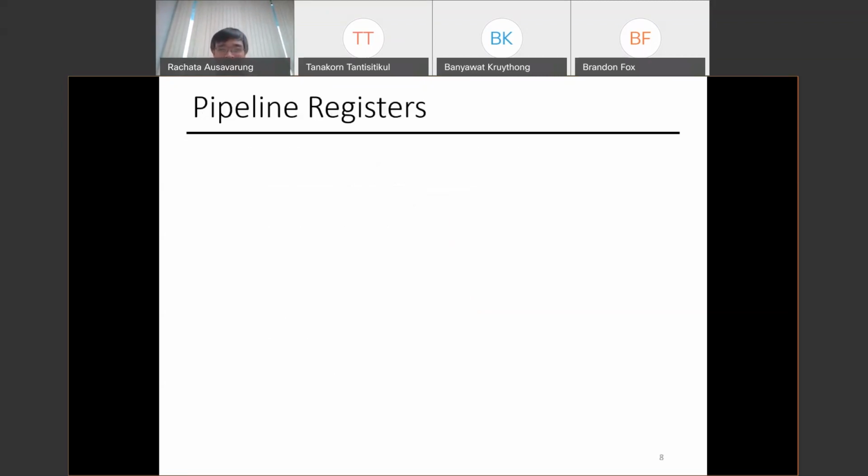But to actually support it, you need to somehow remember something in the middle. We call this a pipeline register. Think of the word register as a temp variable.